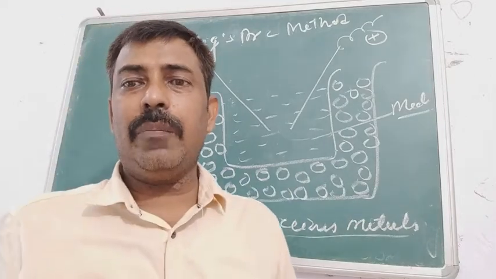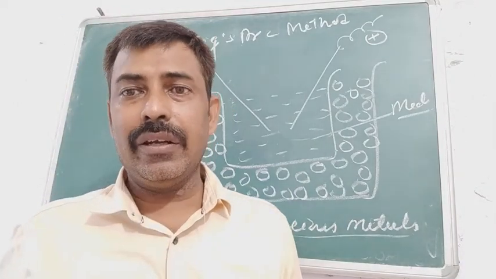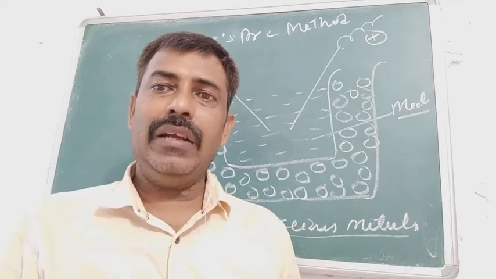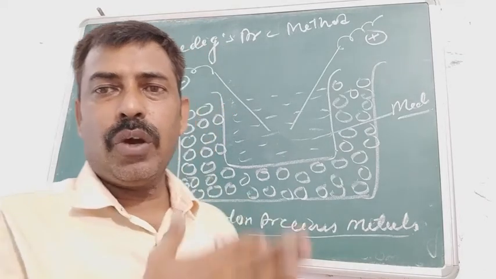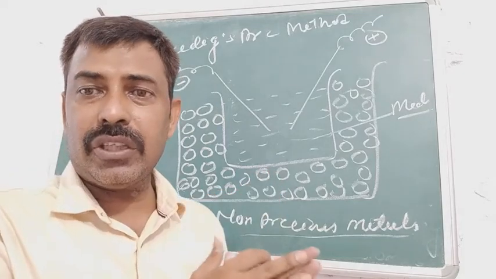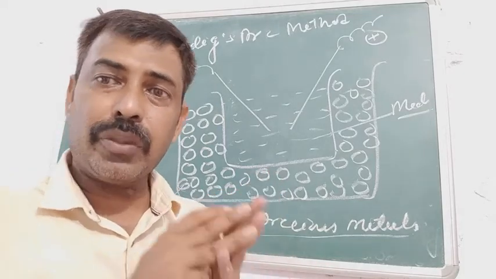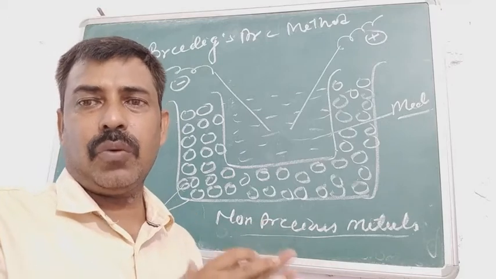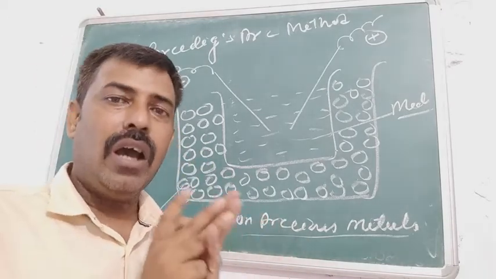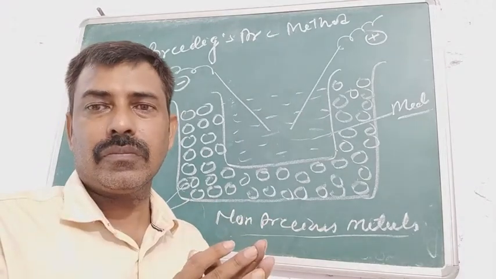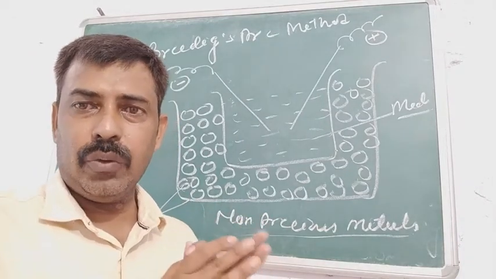As a result, the material may be retained in the container and the colloid system may form. And this is one of the best physical methods for the preparation of colloid, given by Mr. Bredig, and so it is called the Bredig's arc method. I think it's clear to all of you.